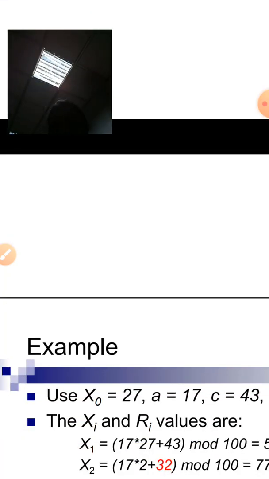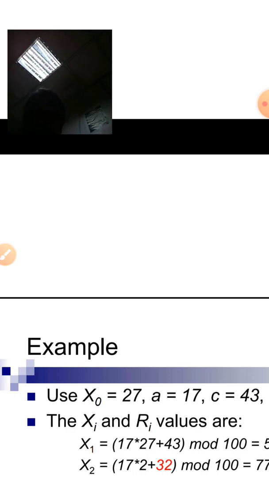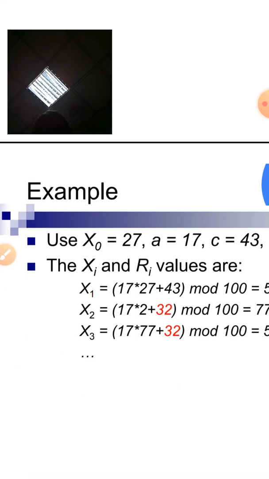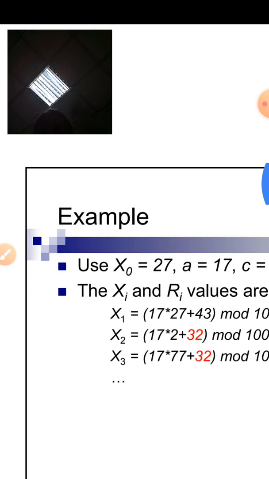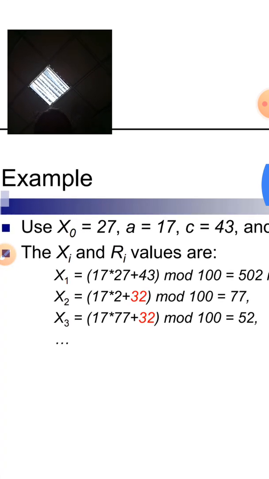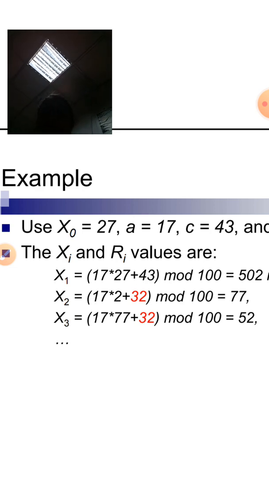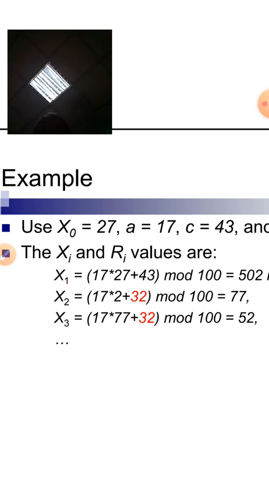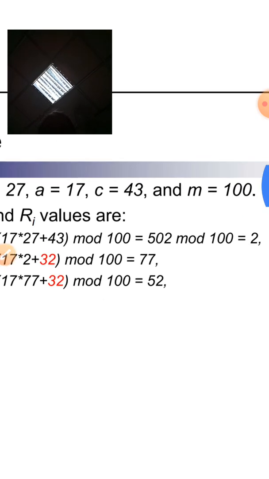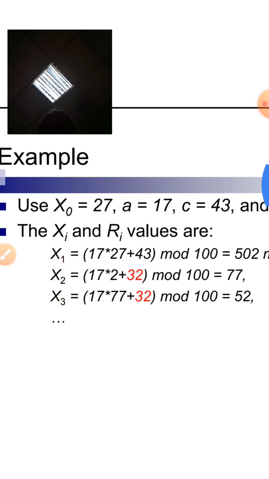Let's take an example. We are asked to generate a sequence of random numbers given x naught is 27, a is 17, c is 43 and m is 100.